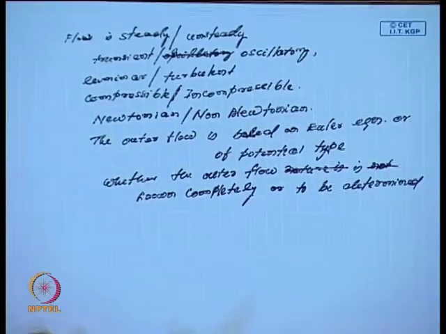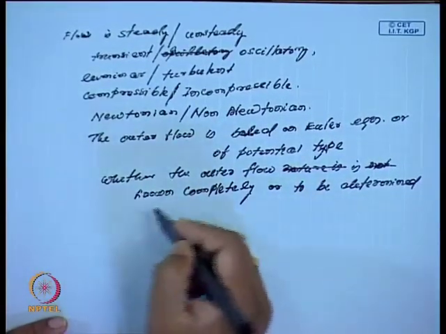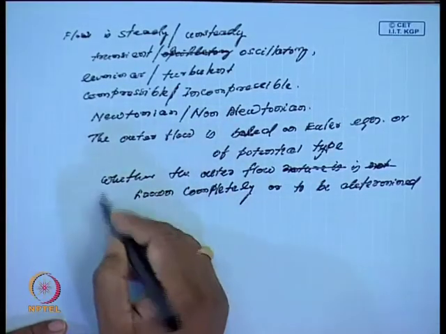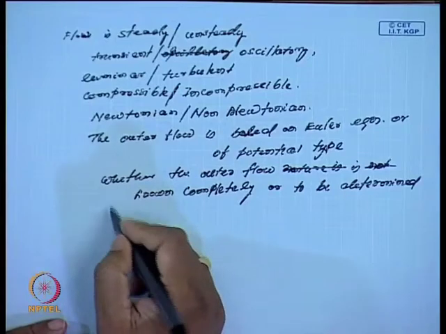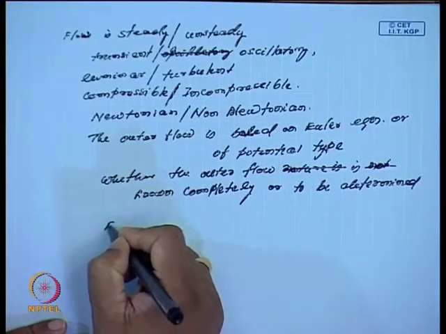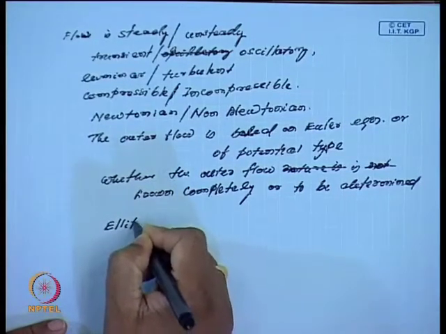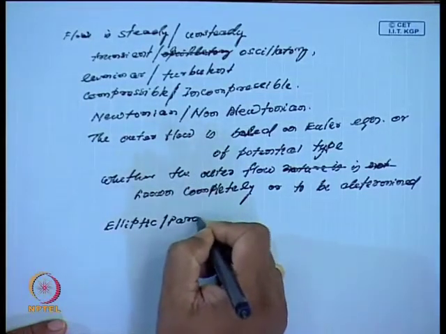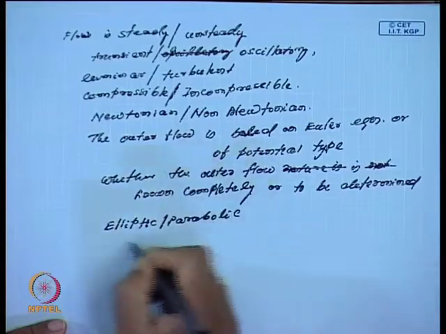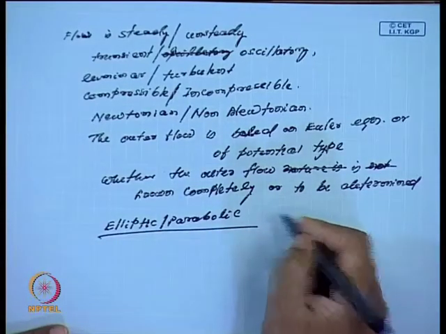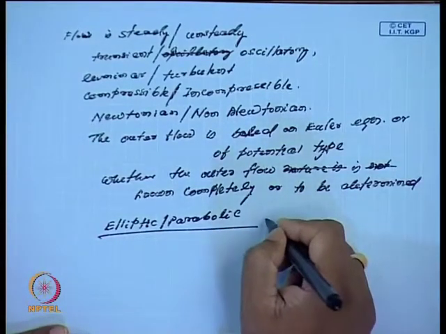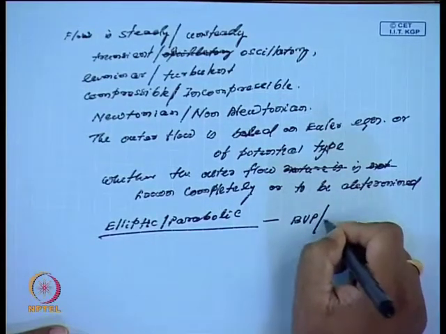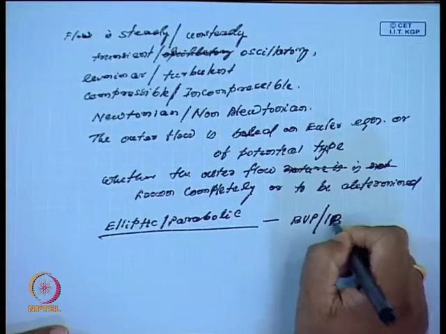Because we deal with partial differential equations, all these characteristics sometimes give us the information whether the problem is an elliptic problem or a parabolic problem, because depending on the elliptic or parabolic nature, we can say whether it will lead to a boundary value problem or an initial boundary value problem.